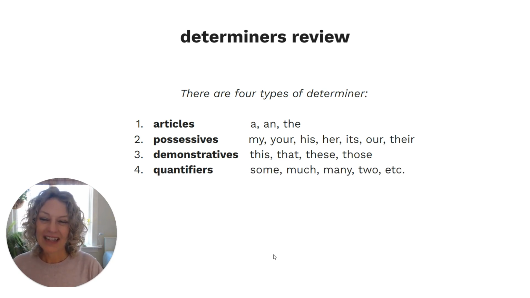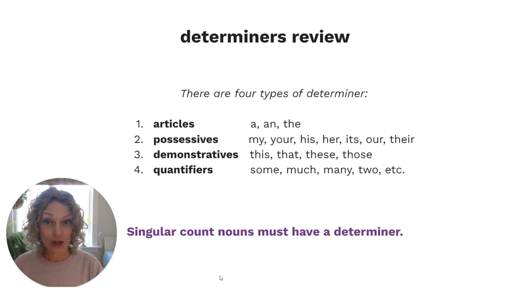And then this lesson is going to be about quantifiers. Some examples of quantifiers are some, much, many, two, and many more. And again, keep in mind, singular count nouns must have a determiner.